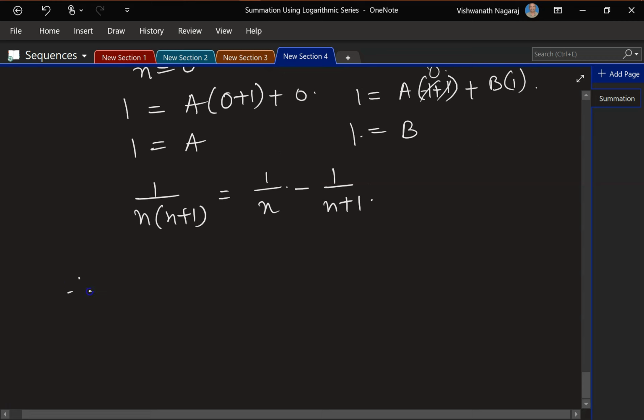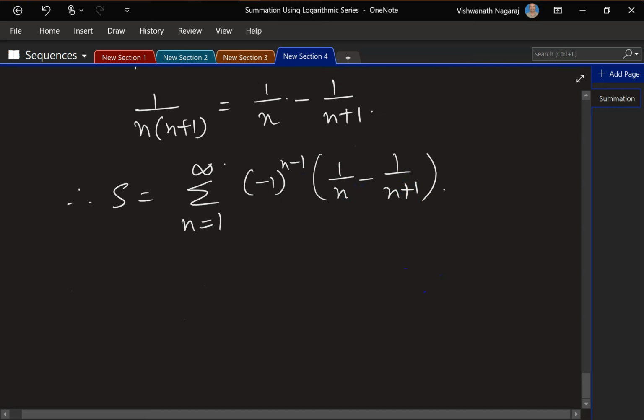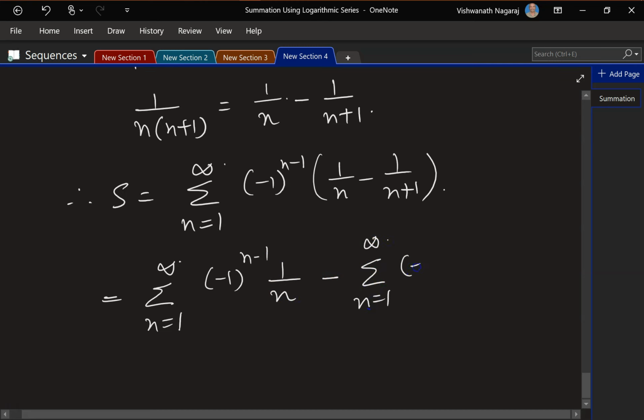Okay, so our series actually becomes summation of n equal to 1 to infinity of minus 1 to the power of n minus 1 times 1 by n minus 1 by n plus 1. This we can split it into 2. Summation n equal to 1 to infinity of minus 1 to the power of n minus 1, 1 by n, minus summation n equal to 1 to infinity of minus 1 to the power of n minus 1 times 1 by n plus 1.